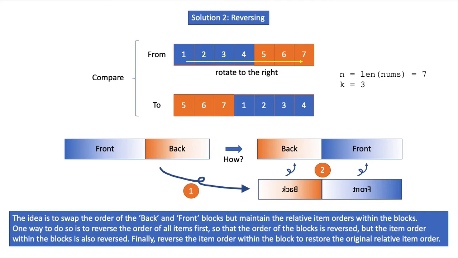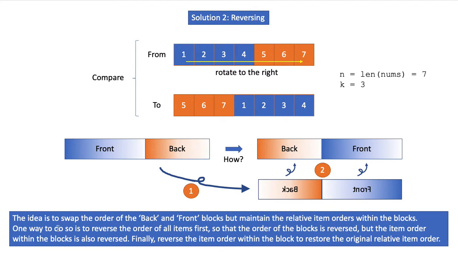Now, let's move on to the next solution, reversing. The solution is pretty much self-explanatory here, but the general idea is to swap the order of the back and the front blocks, but maintain the relative item orders within the blocks.